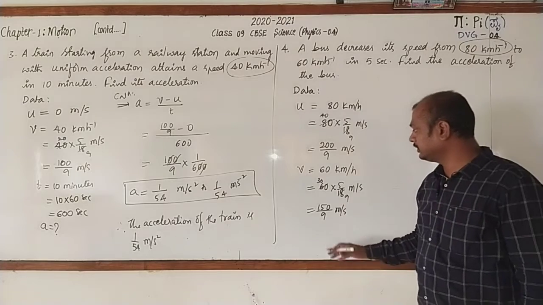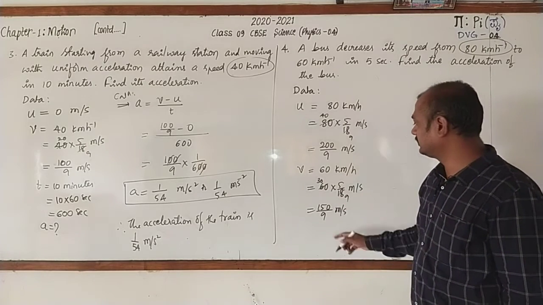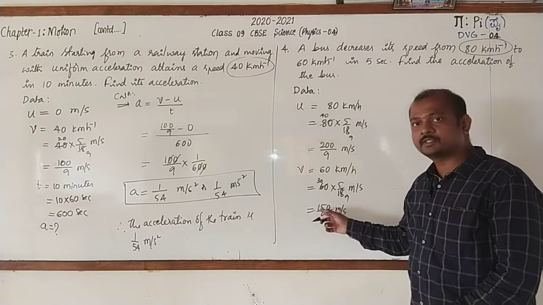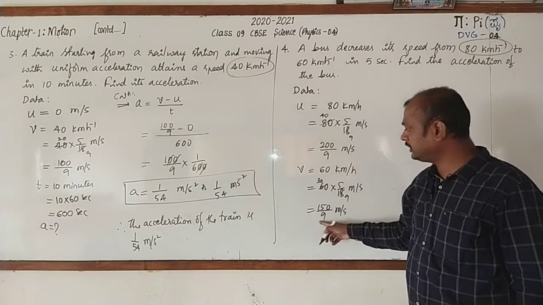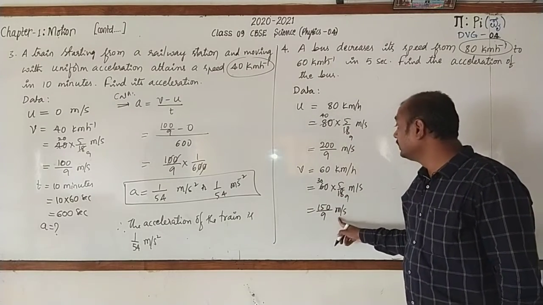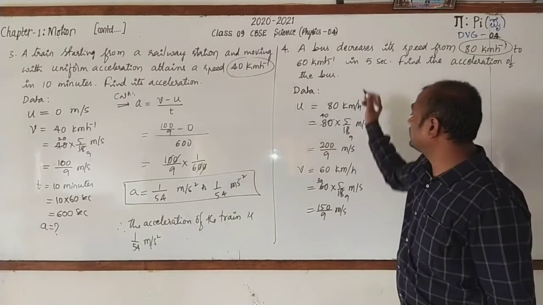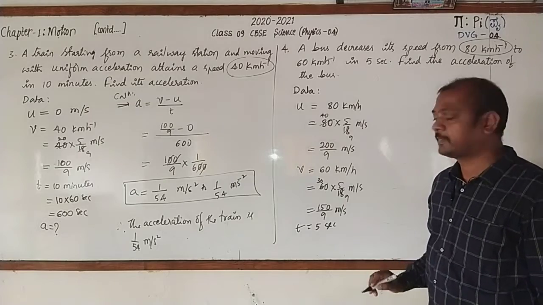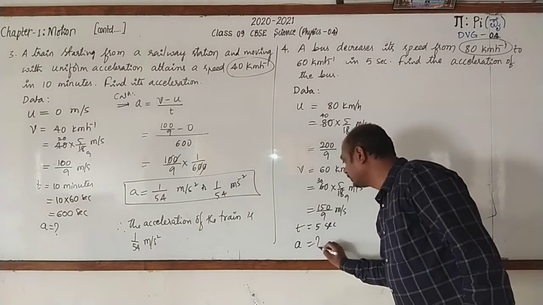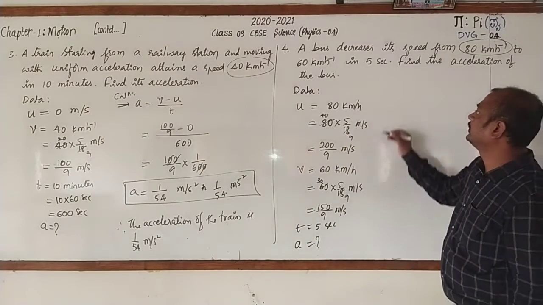Again, I think let it be. Calculation will be easier because still it can be cancelled, but in the formula we get v minus u. There it will be easier. Next, time is given. How much? It is 5 seconds. You are going to find out acceleration.